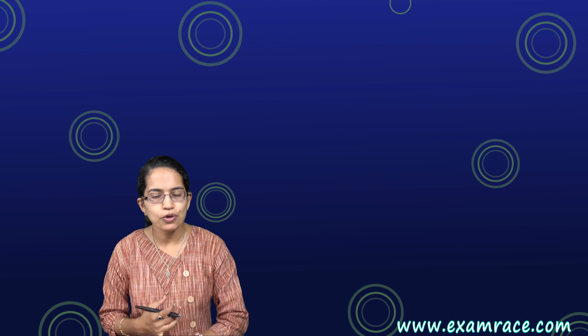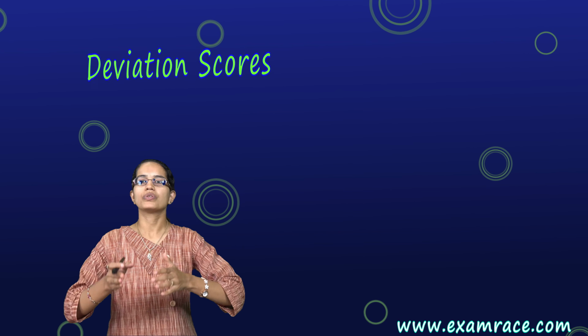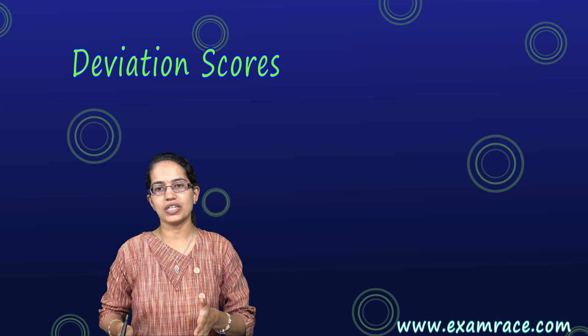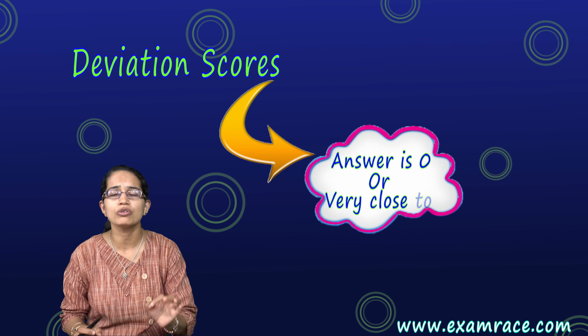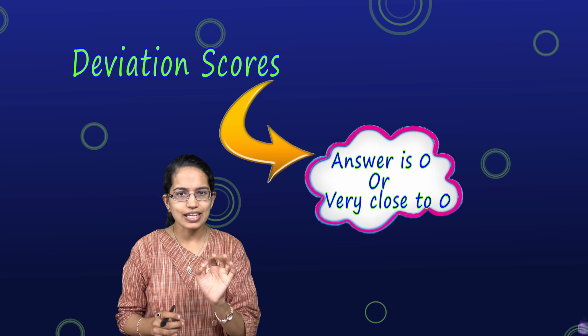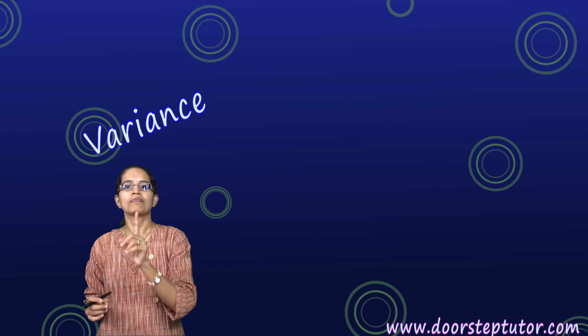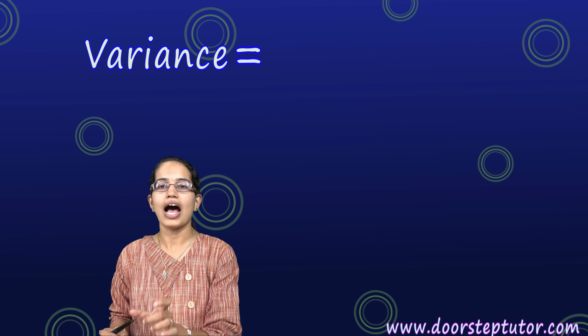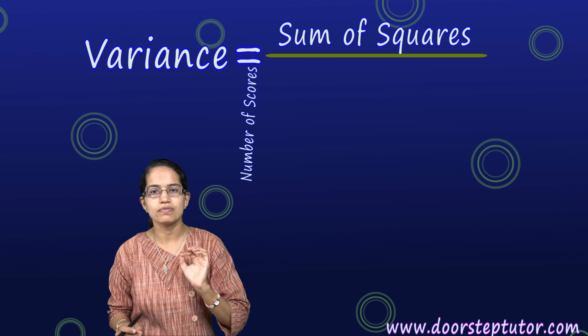Now, a few important things again. When I calculate the deviation scores and add them all up, my answer would be 0 or very close to 0, and in that case I am going correct. And when I calculate my variance, it is the sum of squares divided by the number of items.